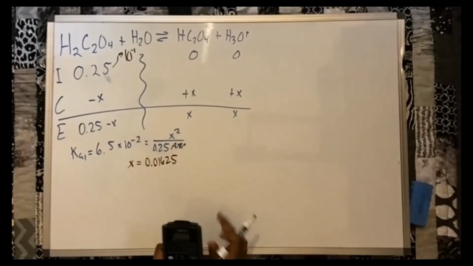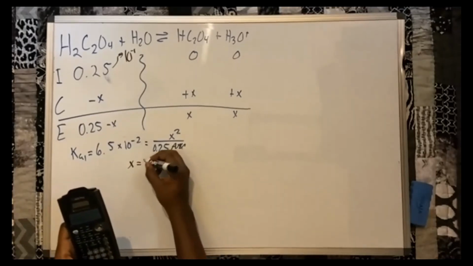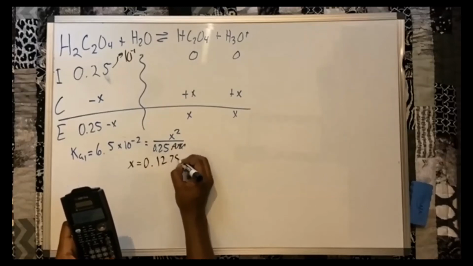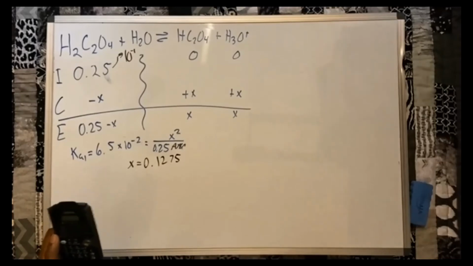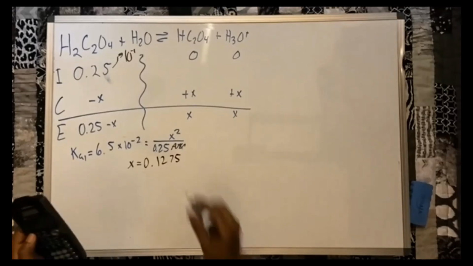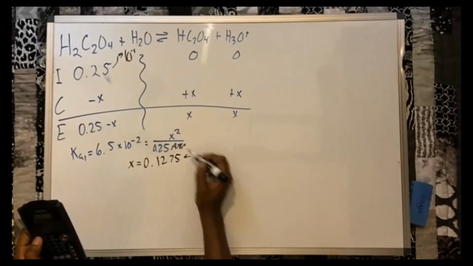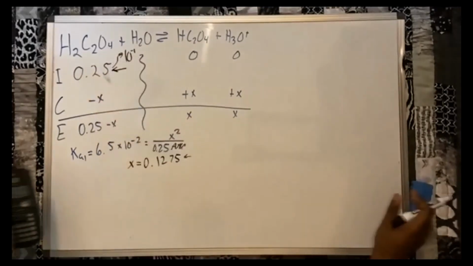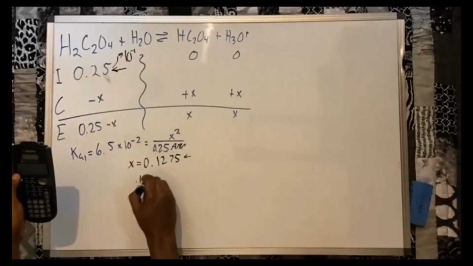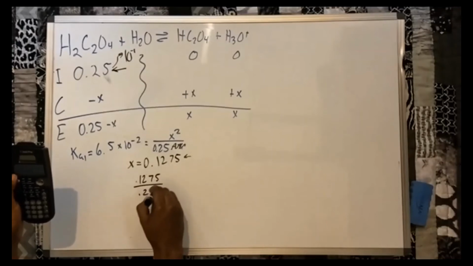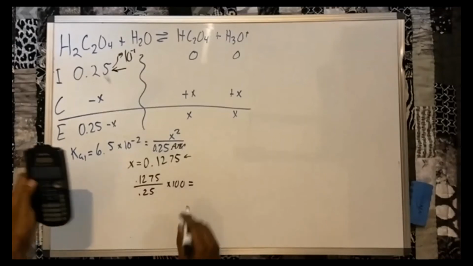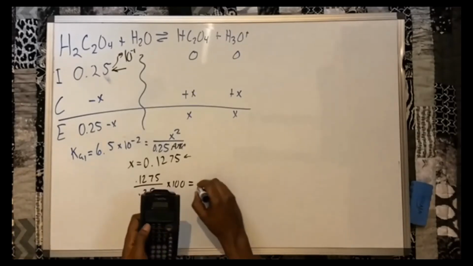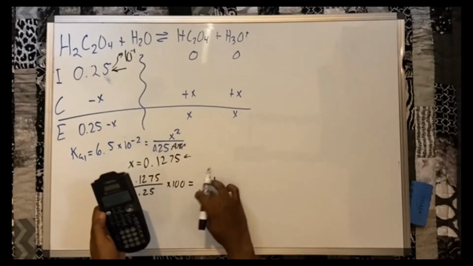Oops. 0.1275. Yes, that's what I got. Okay, good. Quick math: you could see that that is more than half of the initial amount. 0.1275 over 0.25 times 100 is 0.51 basically, or 51%.